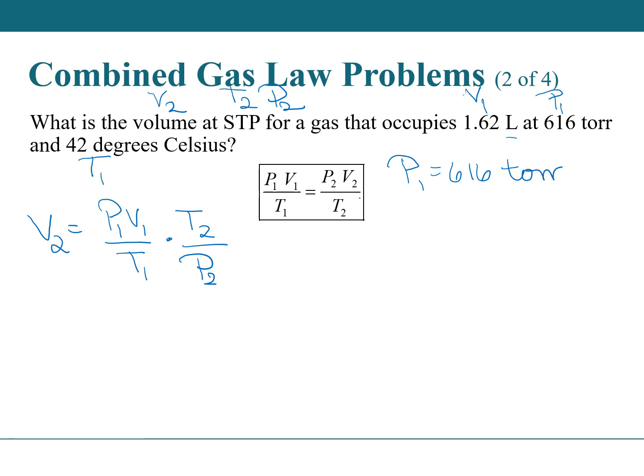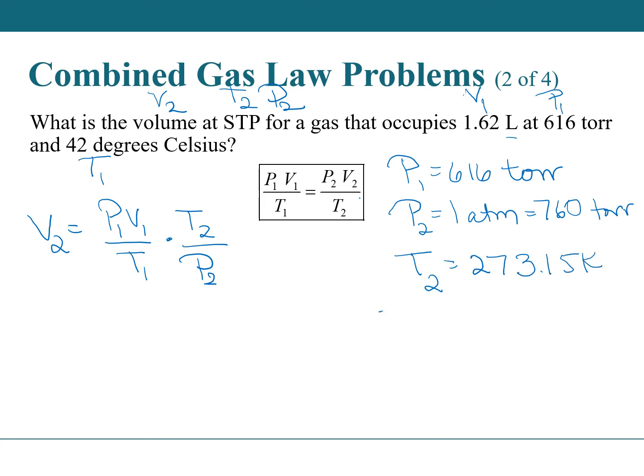And we know, as we discussed previously, that 1 atmosphere is the same as 760 torr. That's our conversion factor. So we know that we don't need to go beyond that. So now everything's going to be in torr. And in T2, standard temperature and pressure, the temperature is 273.15 Kelvin. But T1, we need to convert.